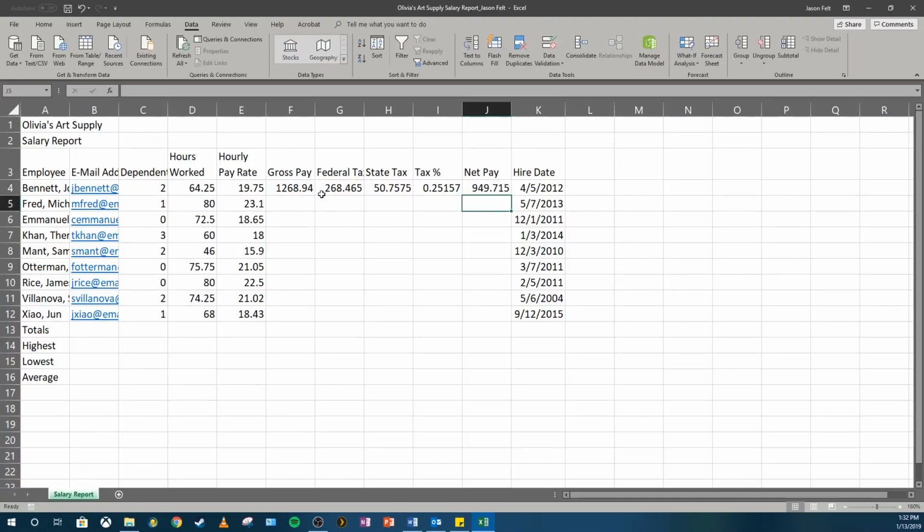So I'm just going to explain what all of these mean. The gross pay is how much you make. That's our pay rate times our hours worked. So if someone says, okay, I make $19.75 an hour, and I'm working 64.25 hours in 2 weeks, this is how much you would get paid.